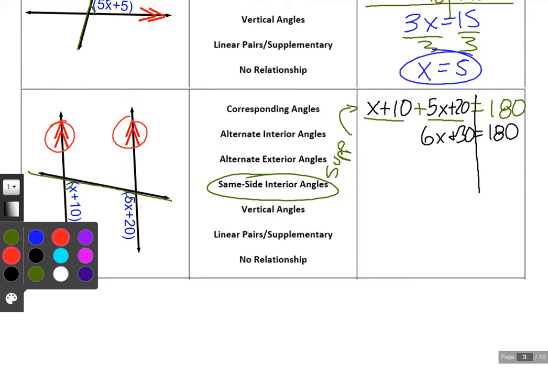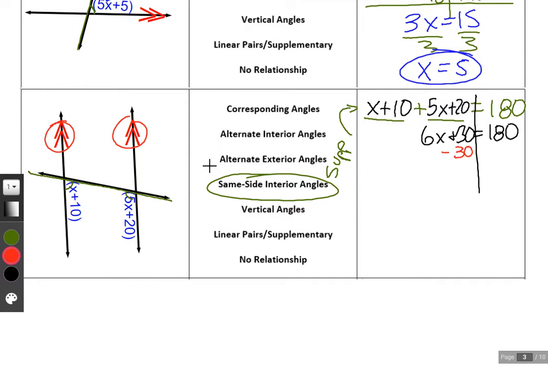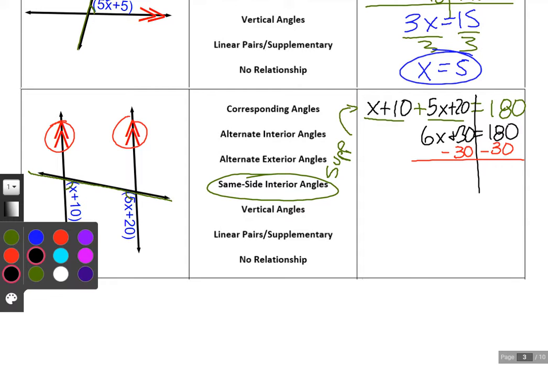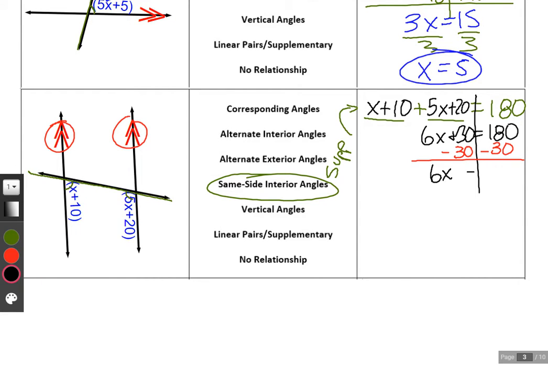If we subtract off the 30, we're left with 6x being the same as 150. And so we take 150 divided by 6, and we get 25. Doing our due diligence means checking our angle values.